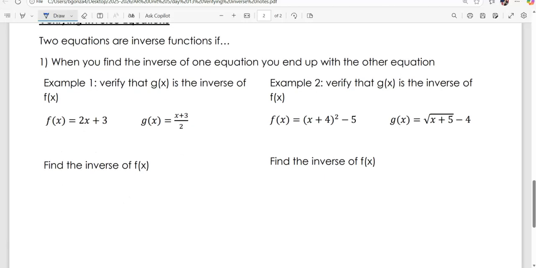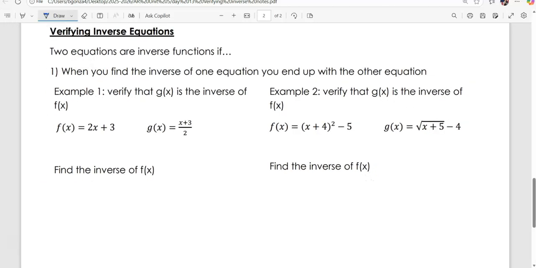So let me remind you of the steps of finding an inverse, okay? F of x, it's really a y. You switch x and y. So you get x equals 2y plus 3. Now you need to solve for y. To get rid of that loner plus 3, you subtract 3, and you might already notice that it isn't looking like the other one up here.